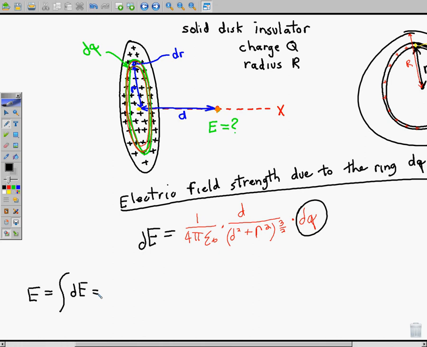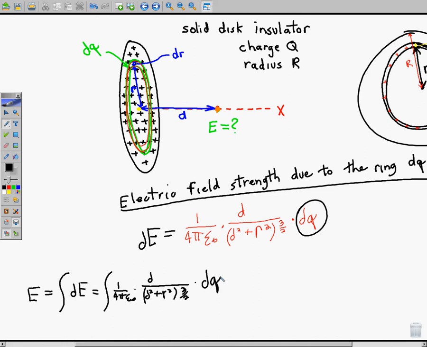Which is the sum of 1 over 4 pi epsilon 0 times d over d squared plus r squared raised to the 3/2 dq.